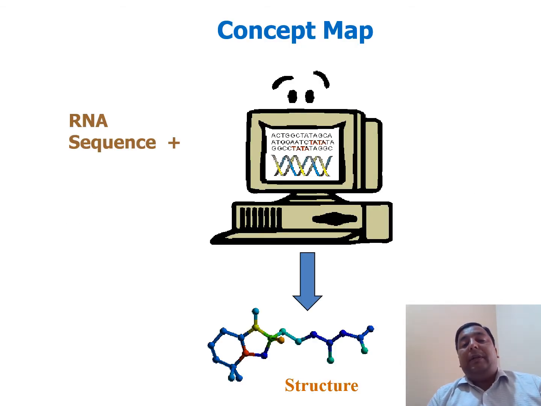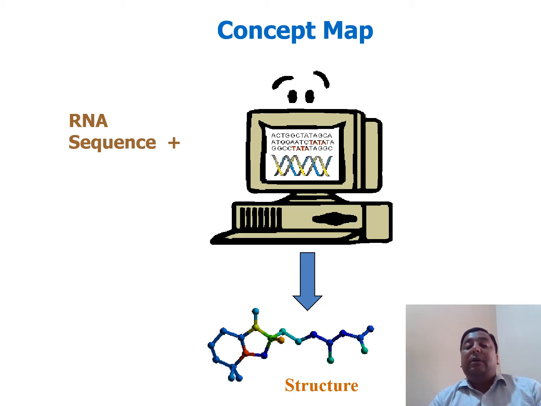I will give you a concept map, as we have discussed before. For generating 2D or 3D structures, we need to have the sequences as input. That input can be given to computers, where we have different tools, software, algorithms, and many other things to analyze and then convert it into 3D structures.